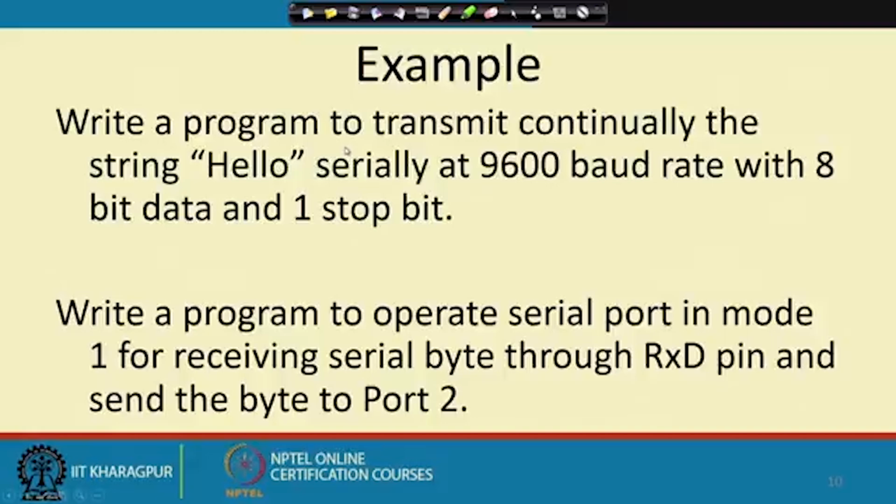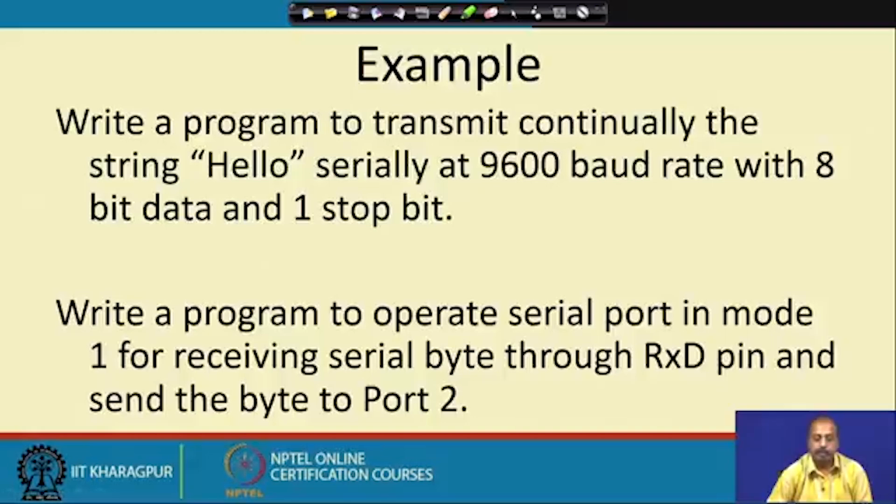Next we will look into a program that will transmit continually the string hello serially at 9600 baud rate with 8 bit data and 1 stop bit. This is the setting. This requires the usage of serial transmission, and the timers are to be used.